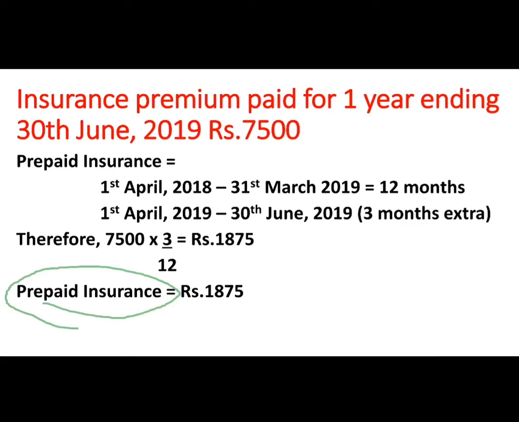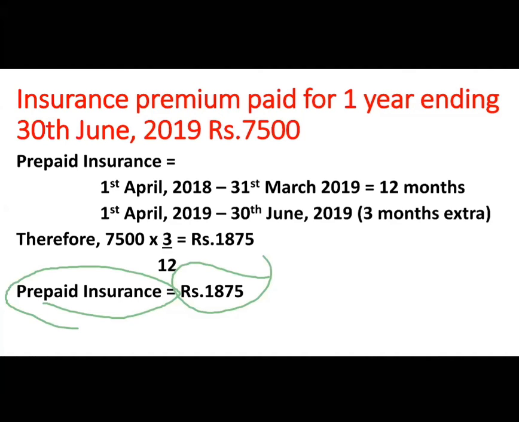Okay, so for my accounting year 2018, 1st April 2018 to 31st March 2019, this will be a prepaid insurance, and the amount is 1,875. Now what will be the two effects? The first effect: because it is prepaid, and prepaid is always less, right, so from the insurance premium I will deduct this 3 months' amount.